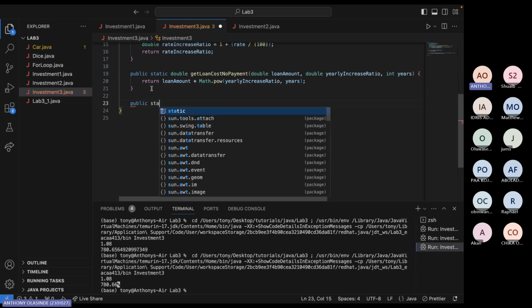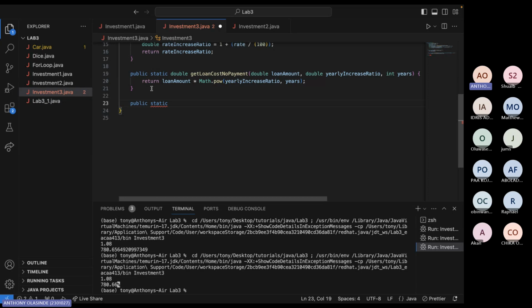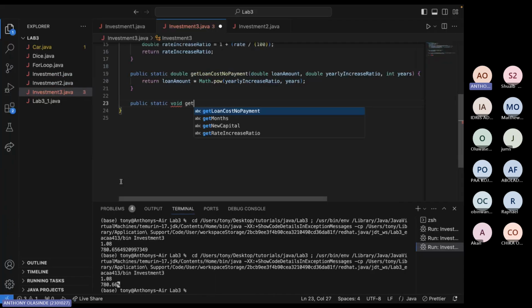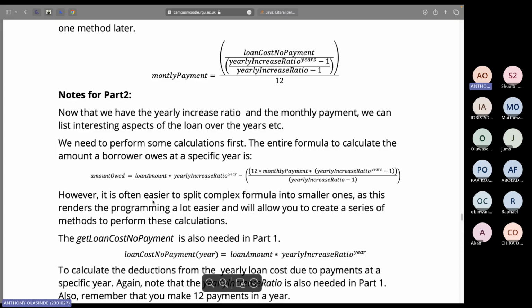Public static, we know we are getting double, but let's leave it as this for now. Then let's call it get amount owed. Then we're expecting loan amounts, yearly increase ratio, year, and monthly payment, and I think that's all.